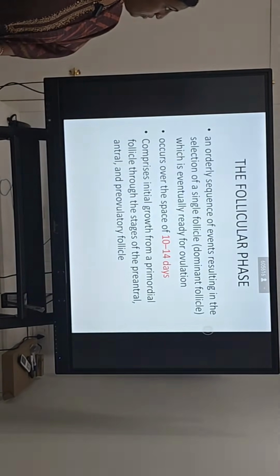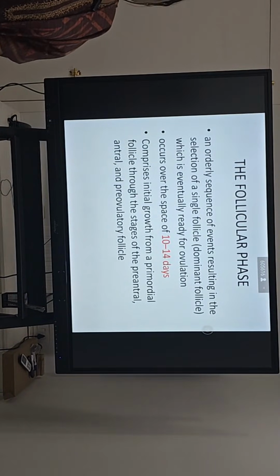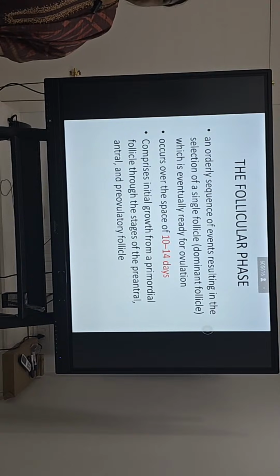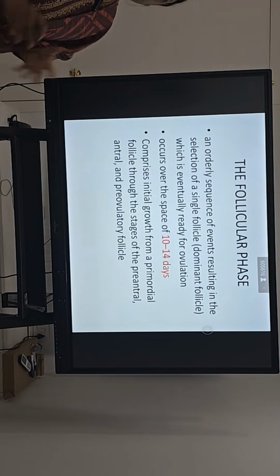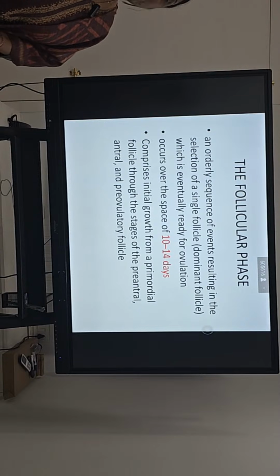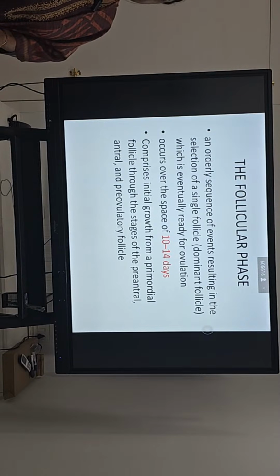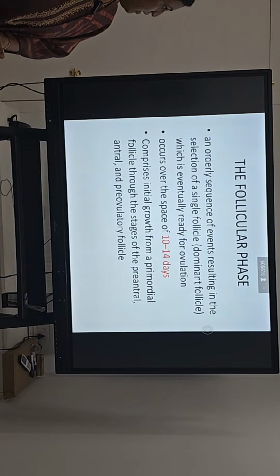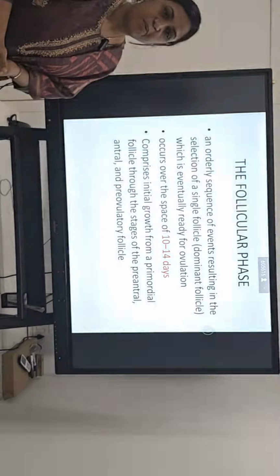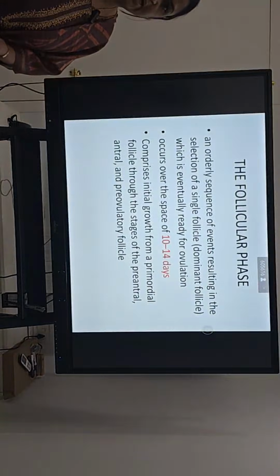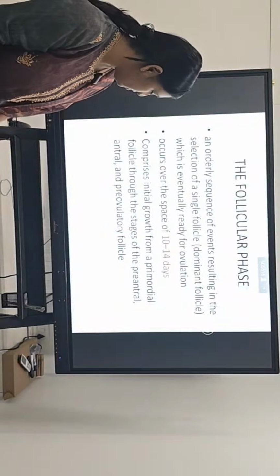The follicular phase is an orderly sequence of events in which a single follicle, called the dominant follicle, is selected, and it takes place over 10 to 14 days. It comprises initial growth from a primordial follicle through the pre-antral and antral stages.